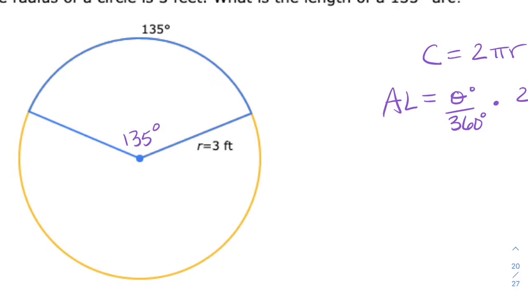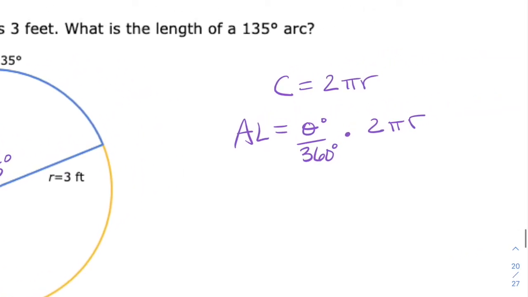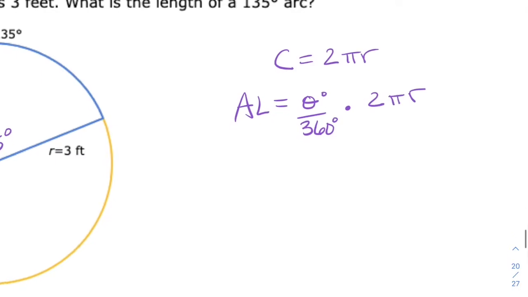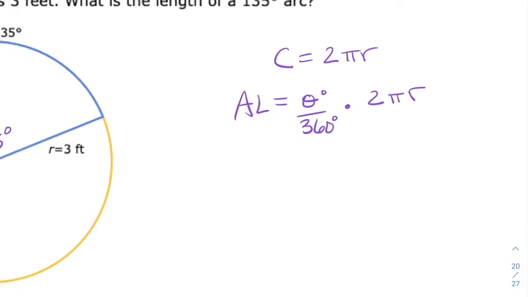So really what you did was you ate 45 degrees out of 360 degrees, which is really the same as saying 1/8. So it's already in simplest form when you write it as 1/8. So what we're going to do for all of these is do theta over 360, and then multiply it by the circumference. And that's the only difference.